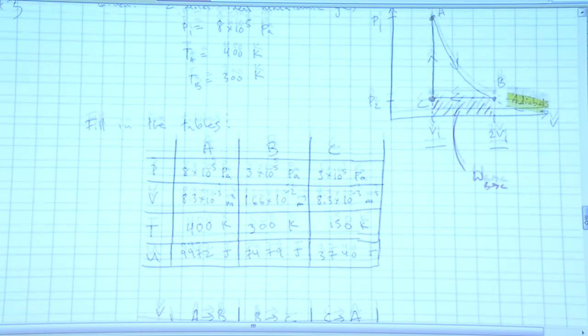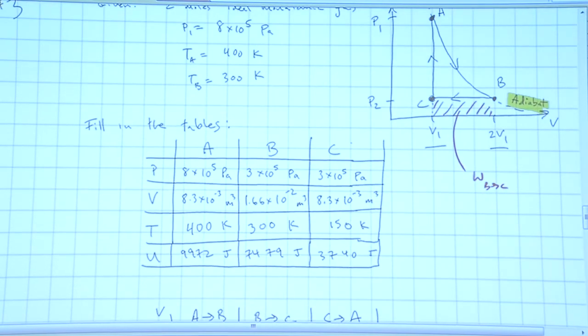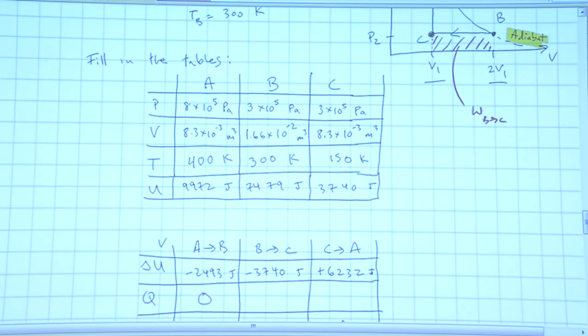Why is it negative? Because the volume's getting smaller, right? The gas is being compressed. The piston is doing work on the gas, or the gas is doing negative work on the piston, however you want to think of it.